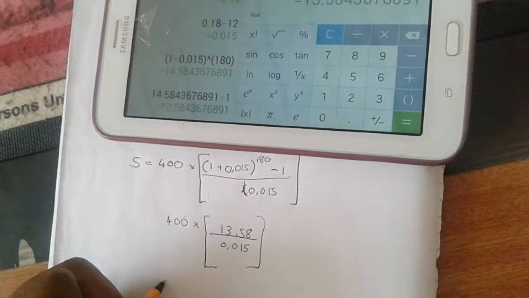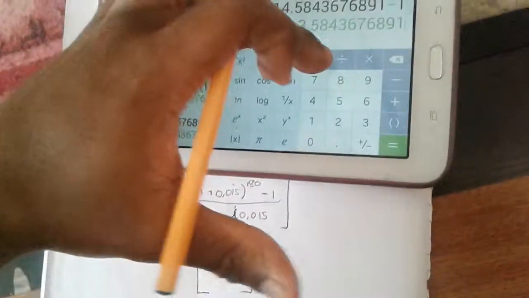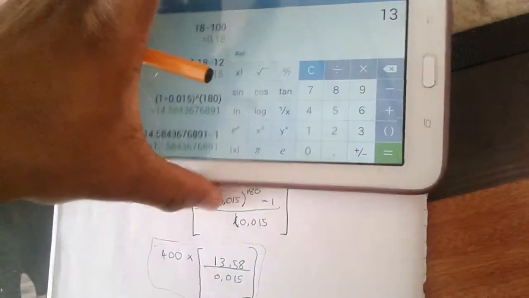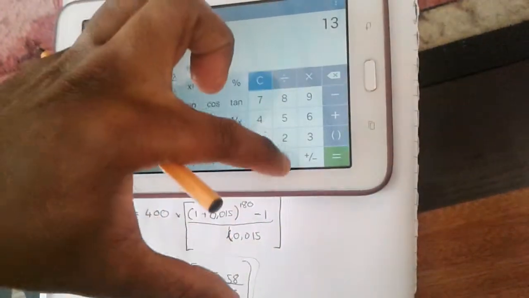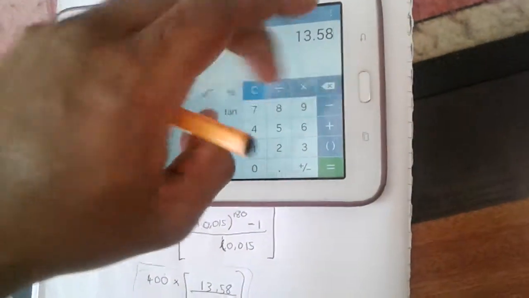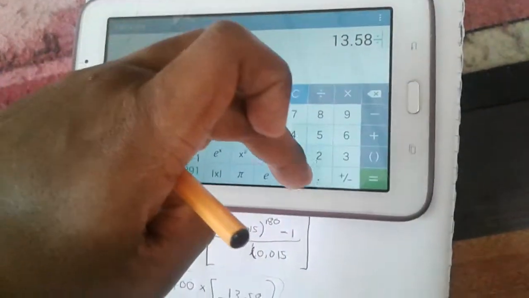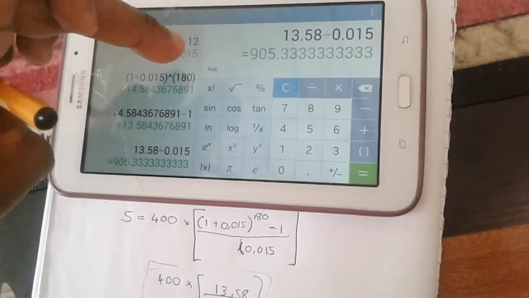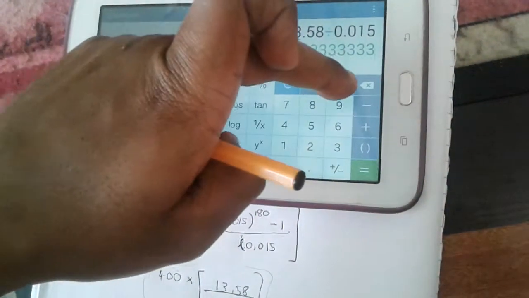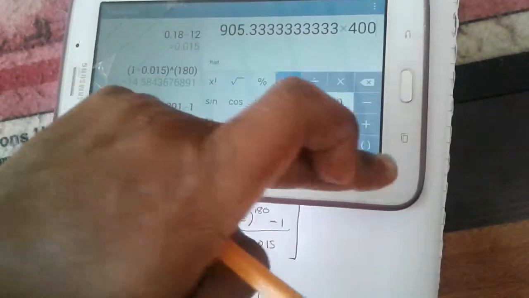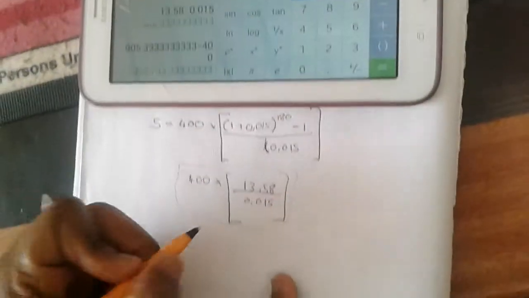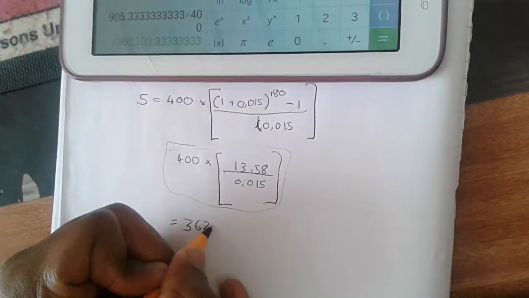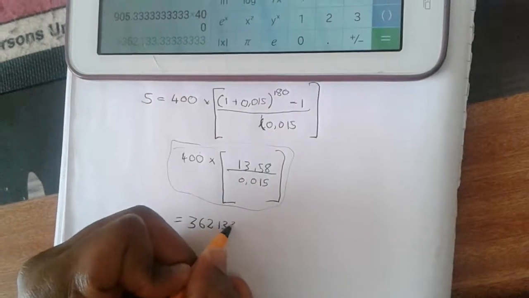Then multiplied by 400, and it's going to be 362,133.